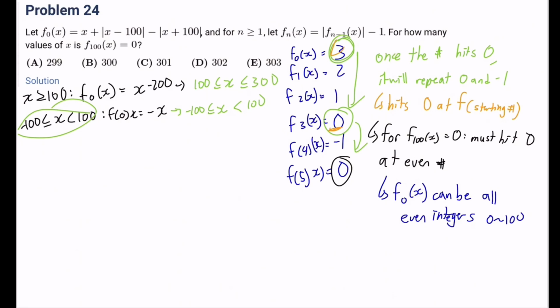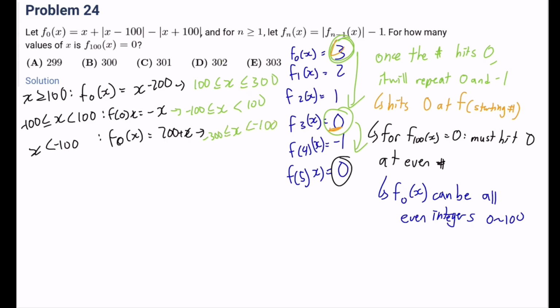And since x is between minus 100 and 100, that's going to be this. And lastly, if x is less than minus 100, then f0 of x is going to be equal to 200 plus x. This gives us that this can go from 0 to 100, and so that means that x can go from minus 300 to minus 100, like that, right?